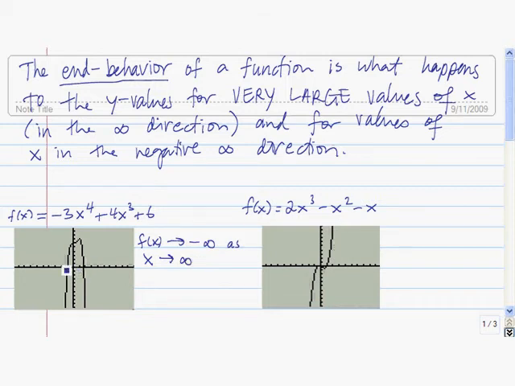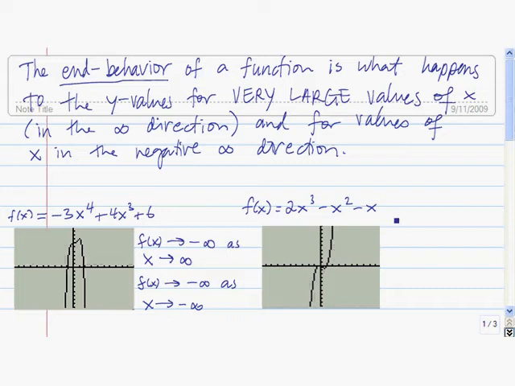Similarly, we see that as x becomes more and more negative, the function again is tending down toward negative infinity. So we write f of x tends to negative infinity as x tends to negative infinity. This describes the end behavior of this function.